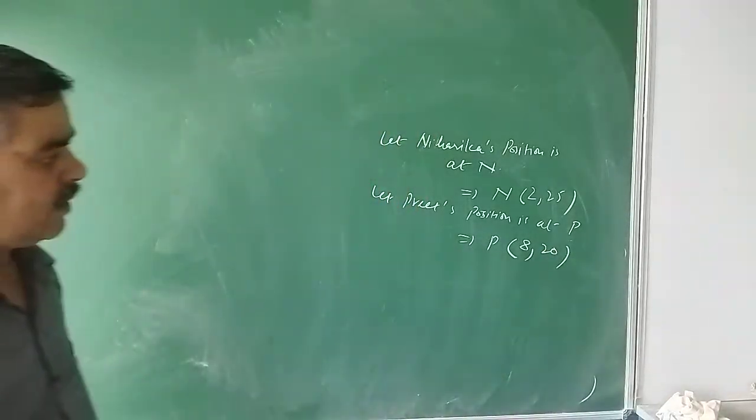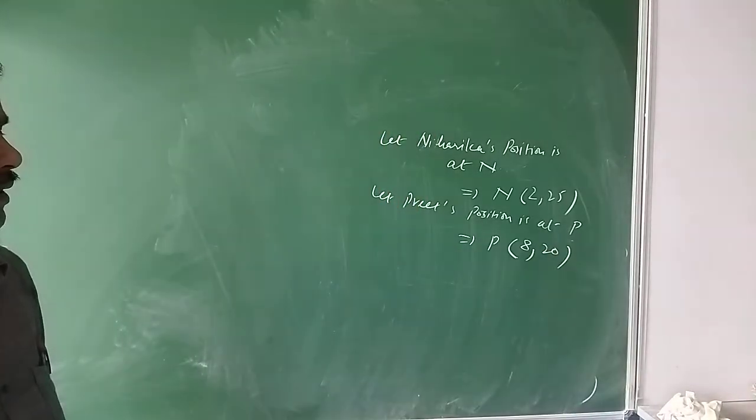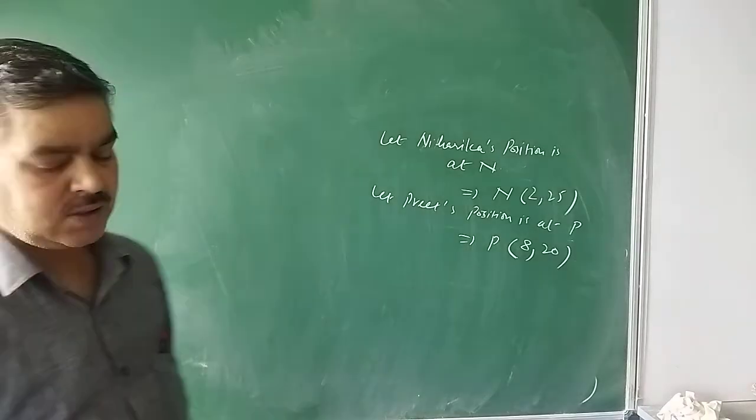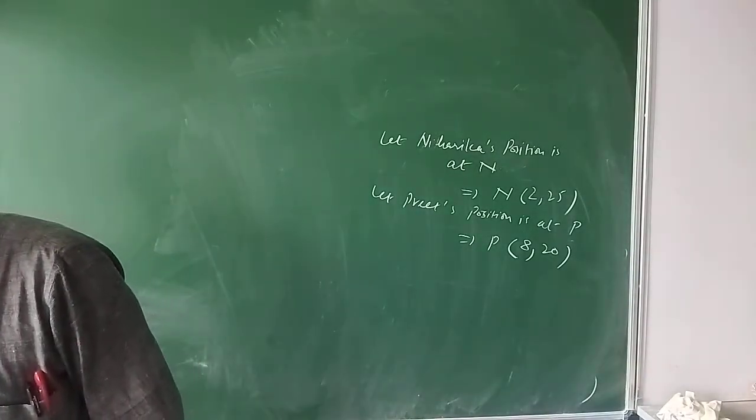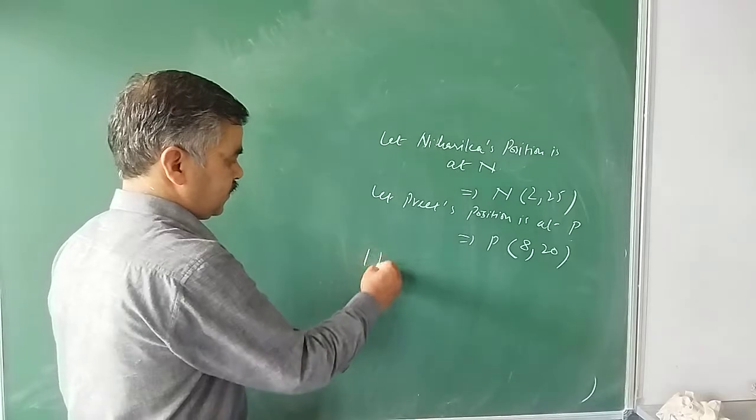So (2, 25) and (8, 20) will be the coordinates. Now you need to determine the distance NP.